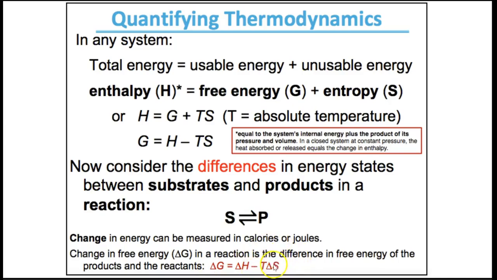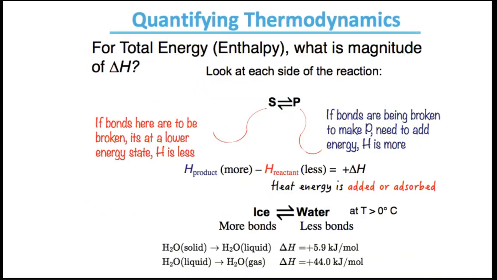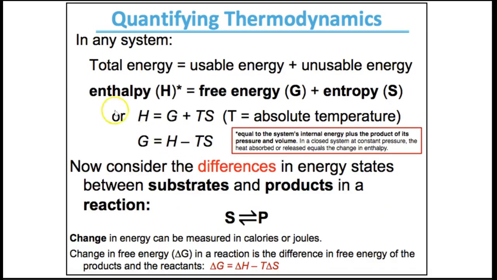If you have more and more disorder, which goes with the second law of thermodynamics, that makes things a little bit more spontaneous for this reaction. And so, speaking in terms of total energy with enthalpy, once again, enthalpy is your total energy.